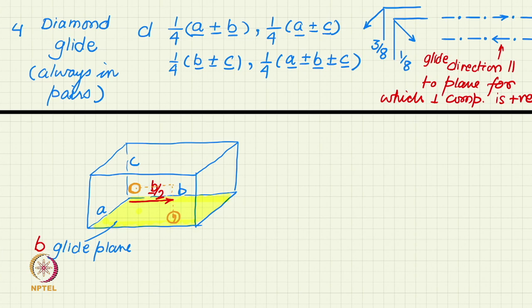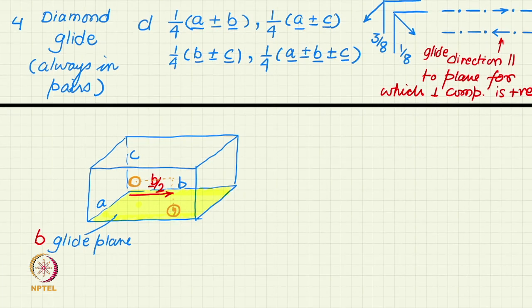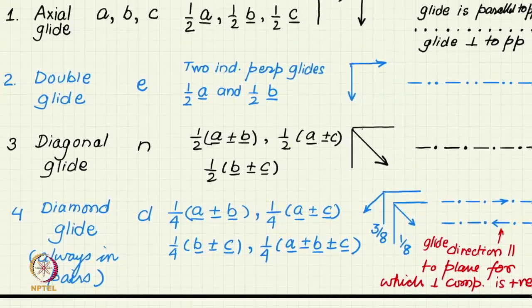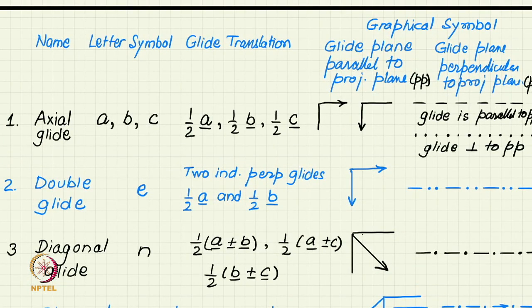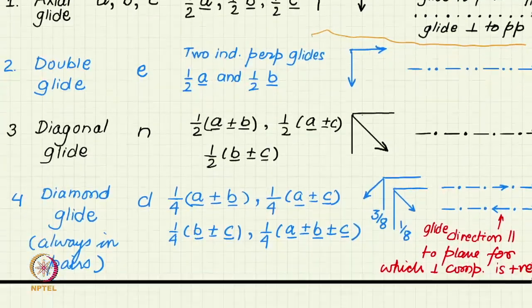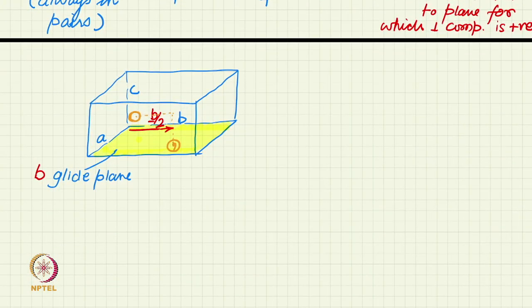So, I have an axial glide, and I can show it with these symbols in my projection plane. Let us see how it will be represented in different projections. If I have AB projection, the projection plane is the glide plane itself.